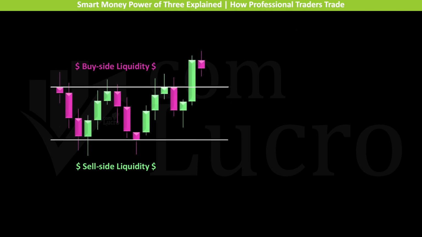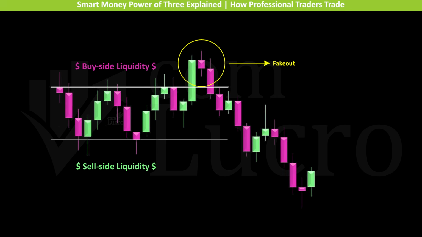Similarly, in a bearish scenario, the market forms a consolidation followed by a breakout to the upside, which engages liquidity above the equal highs. If price quickly returns back inside the range, this signals a fakeout, and the Power of Three pattern completes with a sharp continuation move to the downside.